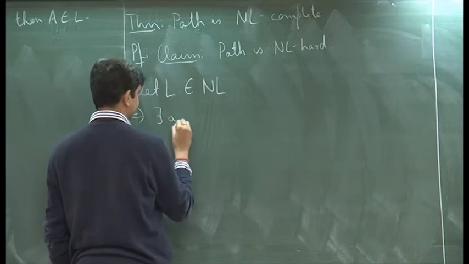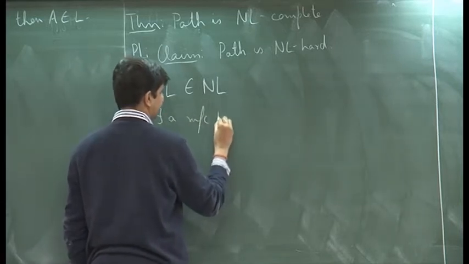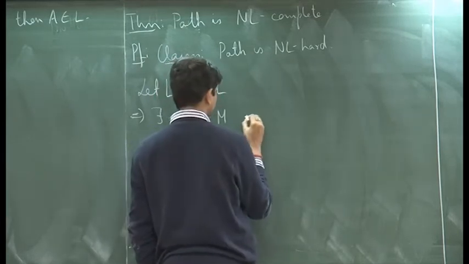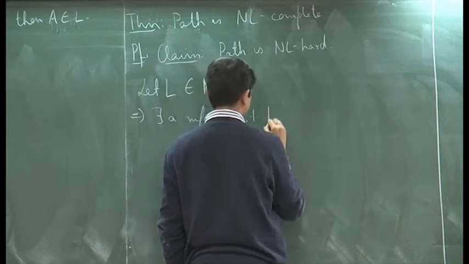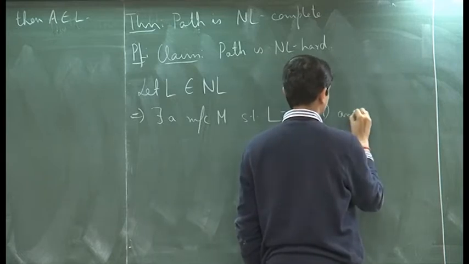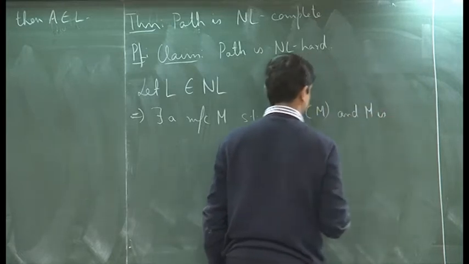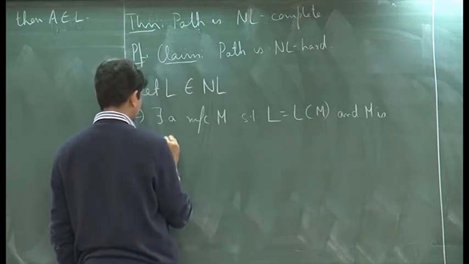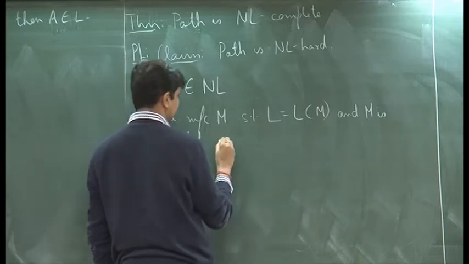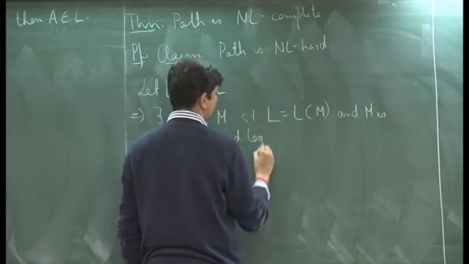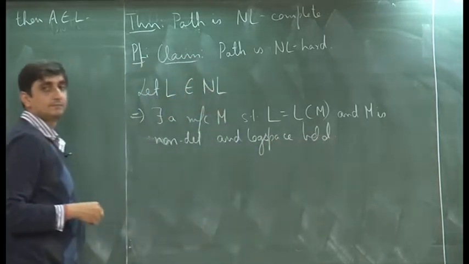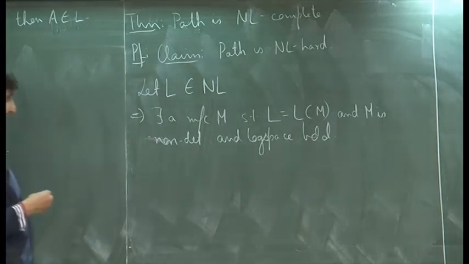So, there exists a machine M such that L is equal to L of M, and M is non-deterministic and log space bounded. Okay, that is the definition.